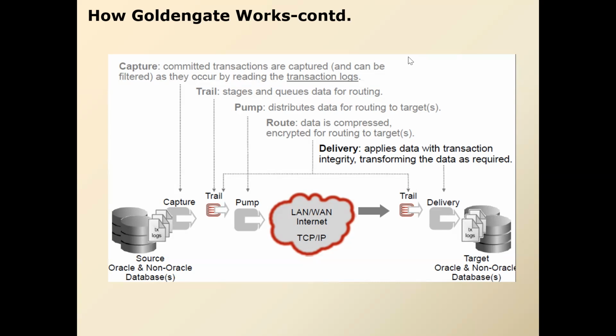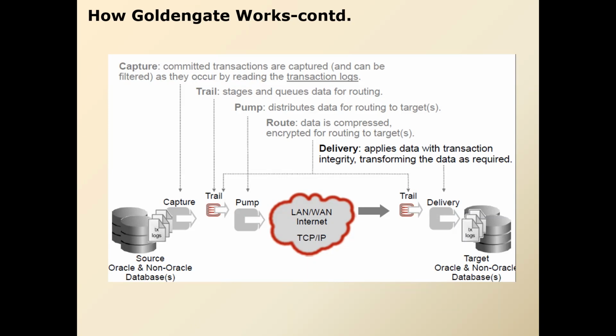First is extract, second is data pump, and third is the Replicat process. So for Oracle Goldengate replication, these are the three processes involved: extract, pump, and replicat.